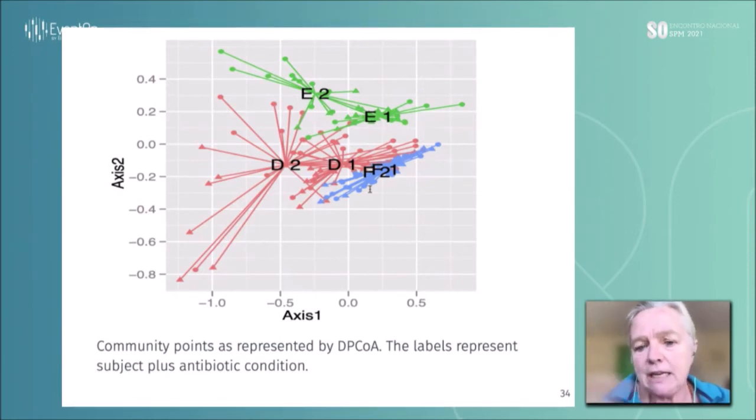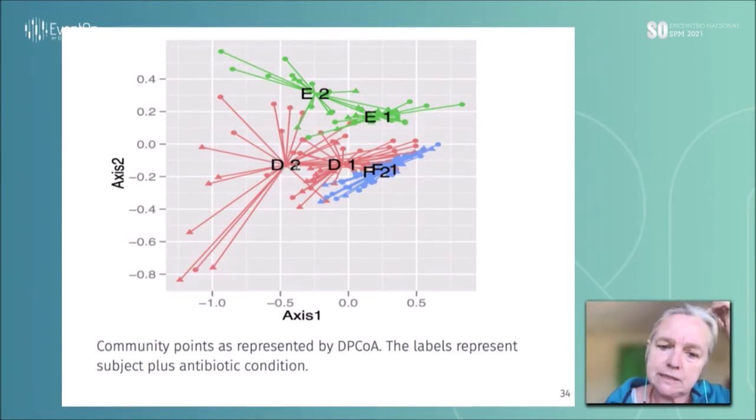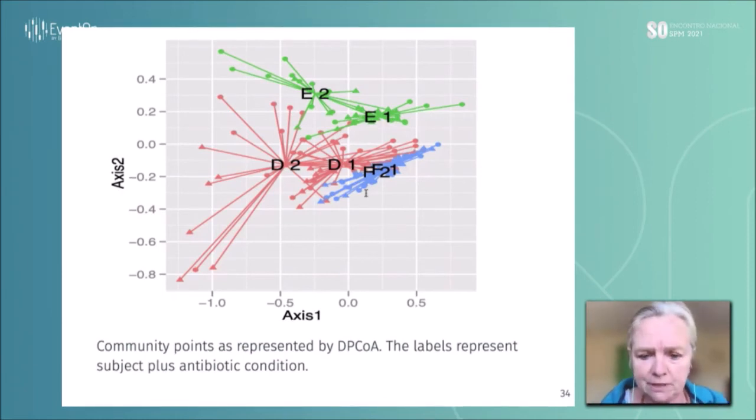They don't have hardly any change when they take antibiotics. Somebody who's not affected by antibiotics. And the 2 other patients, there's quite a big gap, mostly towards the left. So the perturbed ones are the D2 and E2. And so we have an understanding of what's going on in this very high dimensional data just by looking at this plot, this representation. So this is a case where this projection was very useful.